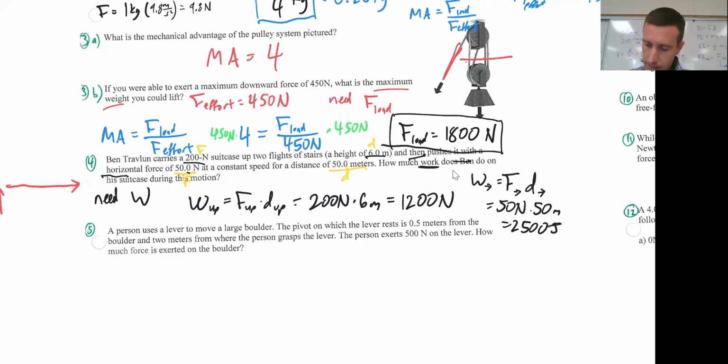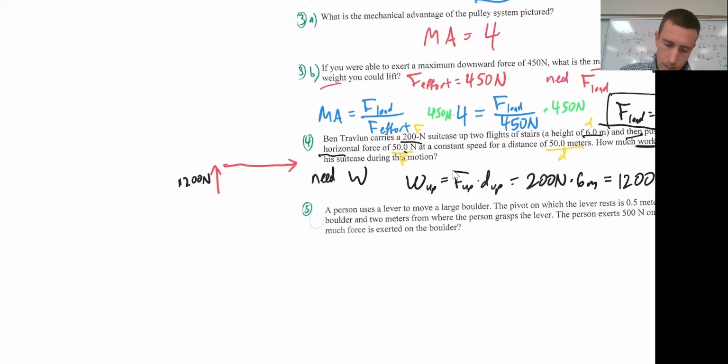And I just realized in my first one, I used the wrong unit. I apologize. I need to get rid of that unit right there. That's not an eraser, but that is. There you go. And I got to replace that with joules. Wrong unit. Same deal over here. 1,200 joules.